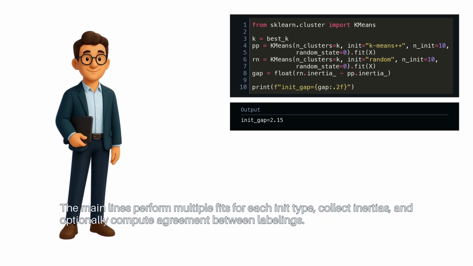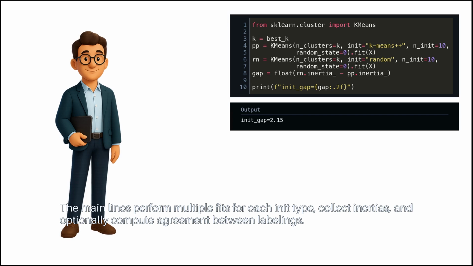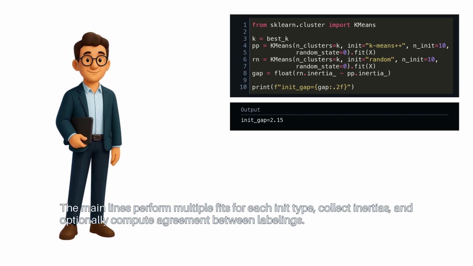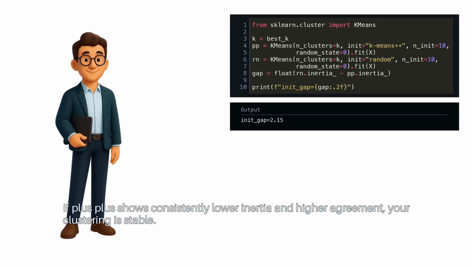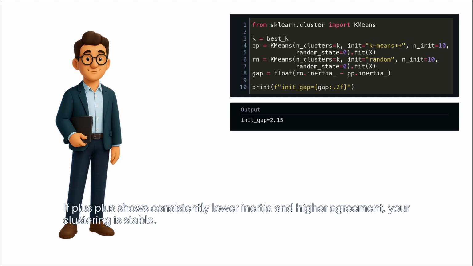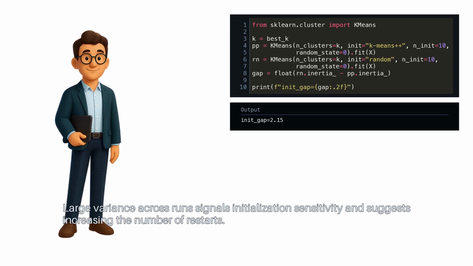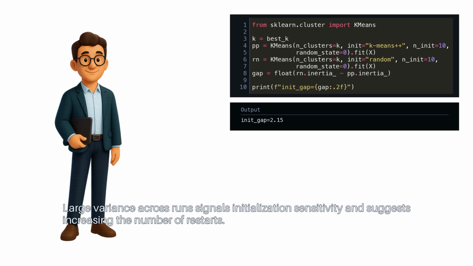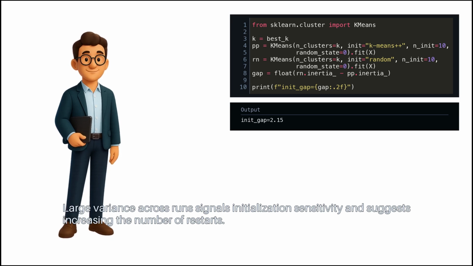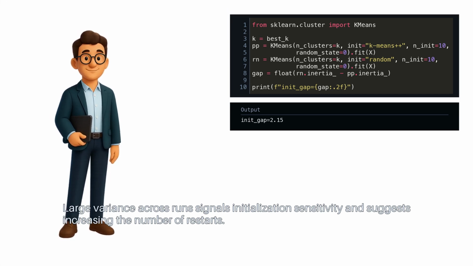The main lines perform multiple fits for each init type, collect inertias, and optionally compute agreement between labelings. If ++ shows consistently lower inertia and higher agreement, your clustering is stable. Large variance across runs signals initialization sensitivity and suggests increasing the number of restarts.